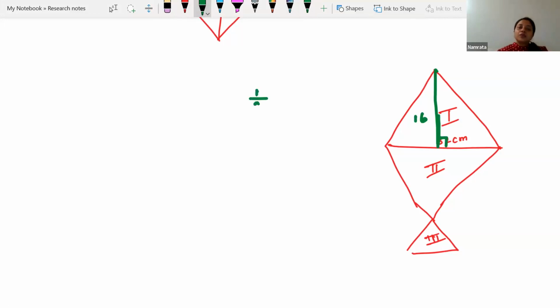Now 1 by 2 into base into height. That formula we will be applying, that is 1 by 2, base is 32 and height is 16. Easily we will get the area of the above triangle. 2, 8 times 16.